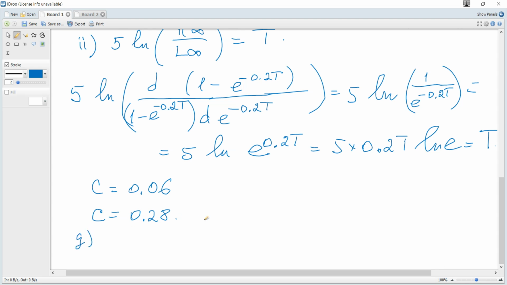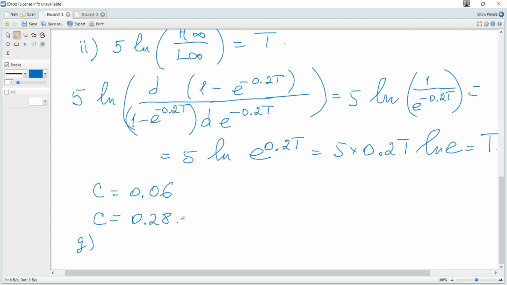Question G. Hence, for this drug, find a suitable value for D, 1 mark, and capital T, 1 mark. So notice that there are only 1 and 1 marks, so it must be something very easy, and definitely it's not required to consider some inequalities.